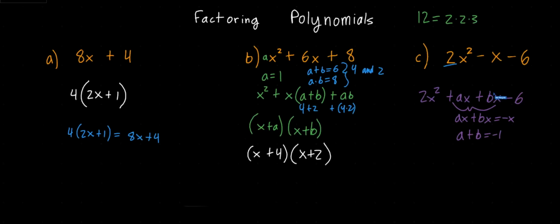So a has factors in 2, and b has factors found in 6. Negative 4 has a factor which is found in 2, and positive 3 has a factor which is found in 6. So that means the numbers would be negative 4 and positive 3.